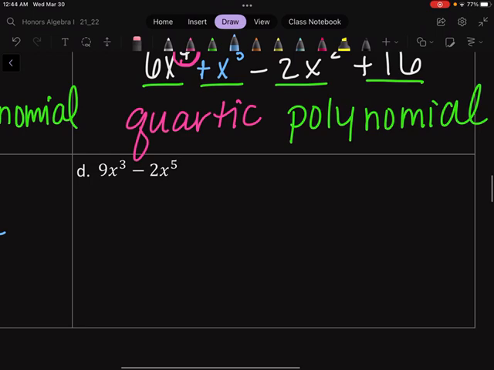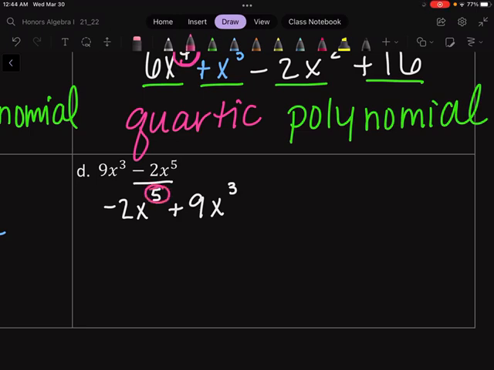This last one here, it's not in standard form. So to put it in standard form, I need to start with my highest power, which is 5, and then decrease my exponent size. So that goes 5 to 3. Those are only the 2 terms. But the highest degree is 5.